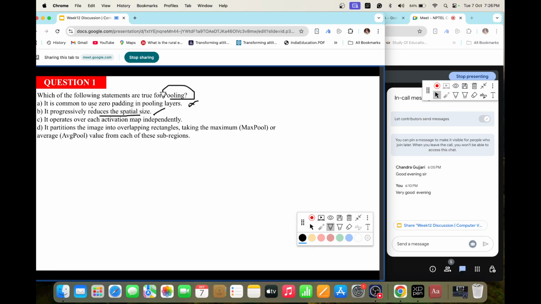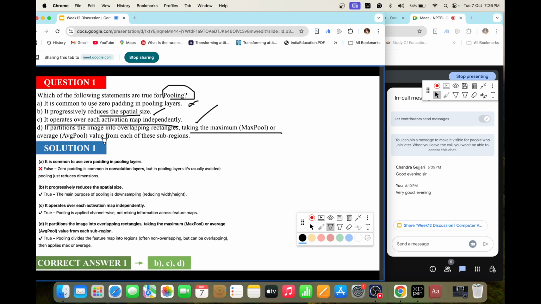We use pooling to reduce the spatial size of the activation layers. Okay, and then it operates over each activation map independently. Again, a true statement. Then it partitions the image into overlapping or maybe non-overlapping rectangles, taking the maximum pool or average pool value from each of these regions. So B, C and D are the correct options.